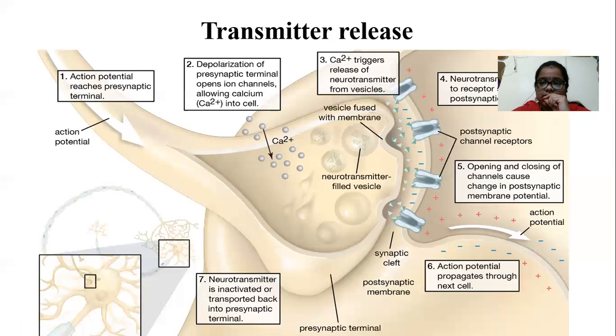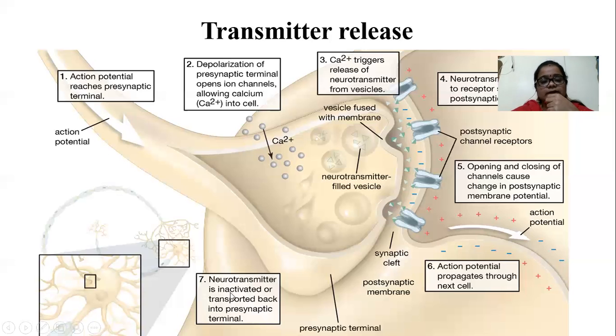Depending upon the type of ion channel opened, there is an influx of positive ions or an influx of negative ions. Then the membrane potential in the postsynaptic neuron changes, and that action potential is propagated to the next neuron.